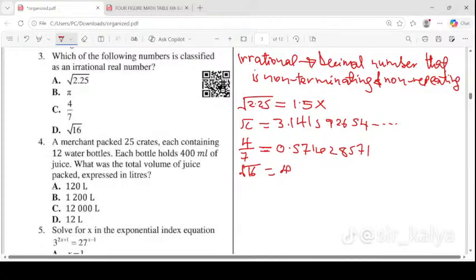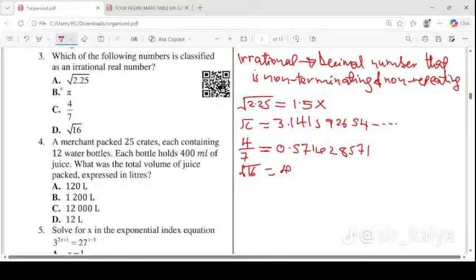It's a decimal that is non-repeating and non-terminating. Now when you look at 4 over 7, why do we say that 4 over 7 is rational? 4 over 7 is rational because it has been expressed in the form of a fraction where the denominator is not equivalent to 0.